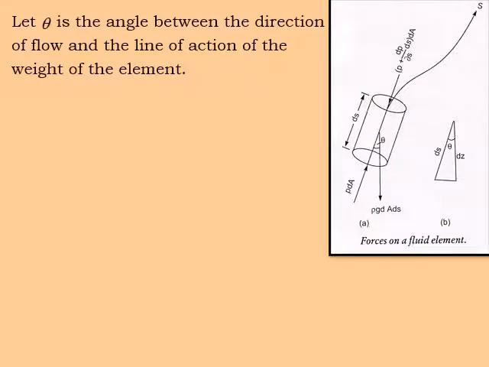Let theta be the angle between the direction of flow and the line of action of the weight of the element. The weight is acting in downward direction, as you can see in the diagram.